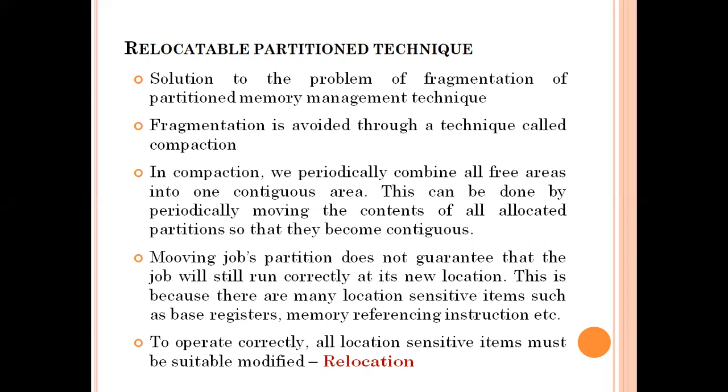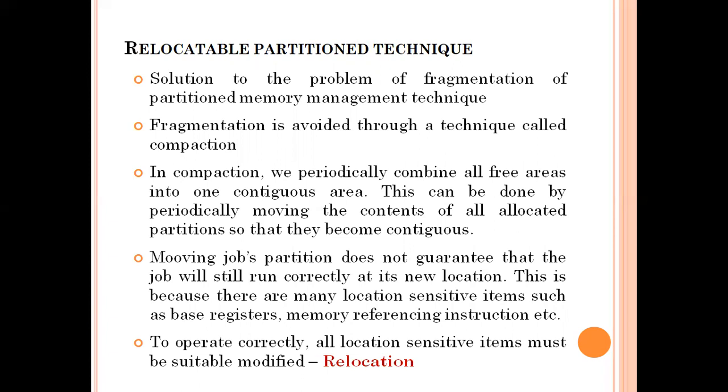In compaction, you take the first partition. Some portion of the memory is used by the job, and the next portion may be waste. The second partition is the same: some portion is used and some portion remains unused. So in compaction, the second job is shifted immediately after the first job, and the third job is shifted immediately after the second job.